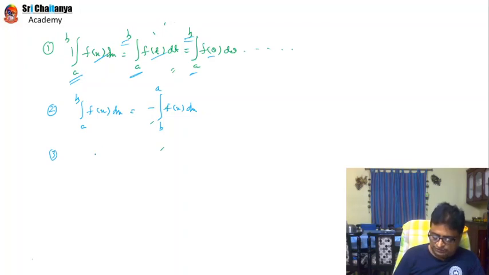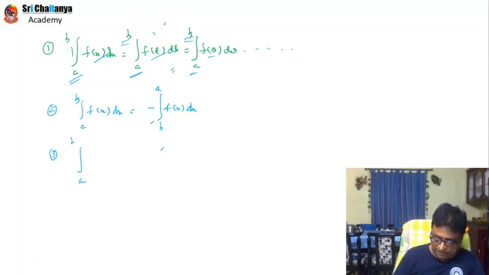Third one: we can write a definite integration as a sum of two or more definite integrals, provided that the partition point lies either in the interval or outside the interval.